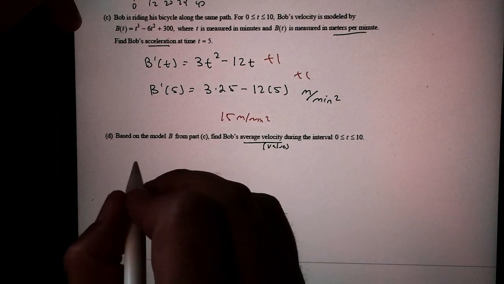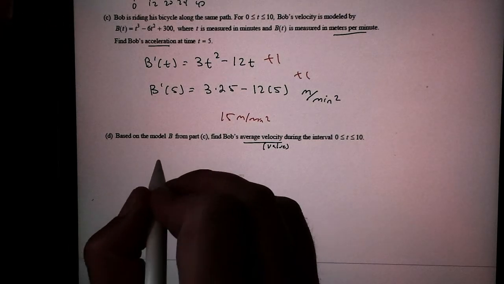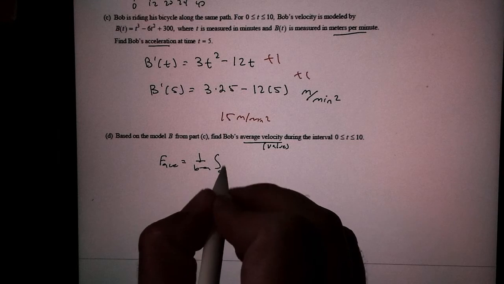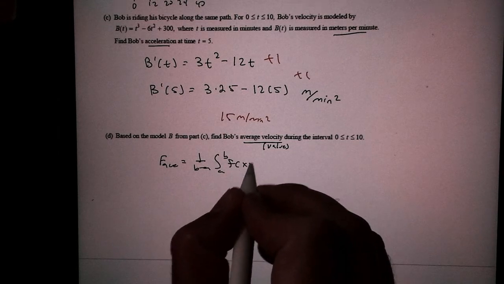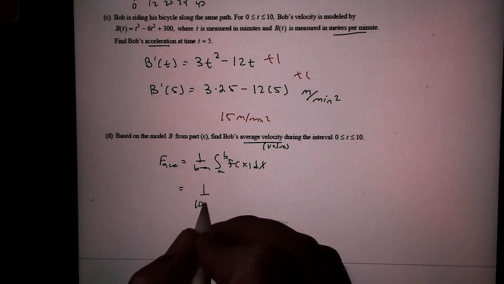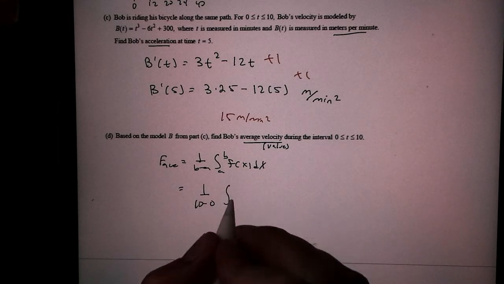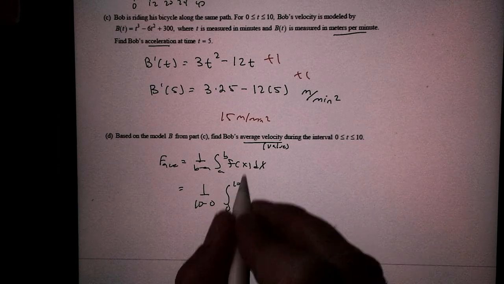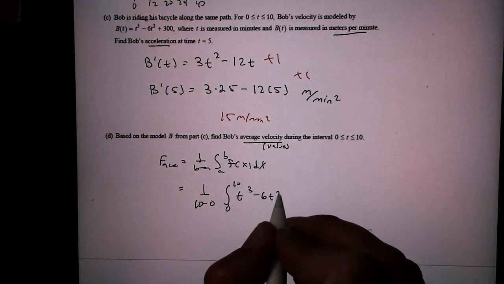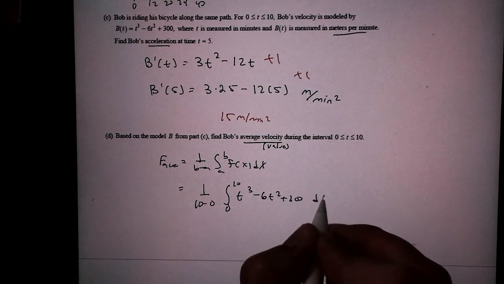So we're going to look for the average value. So what's our f average? That's just 1 over b minus a, integral from a to b, f of x dx. So for us, 1 over 10 minus 0. From 0 to 10, we get t cubed minus 6t squared plus 300 dt.